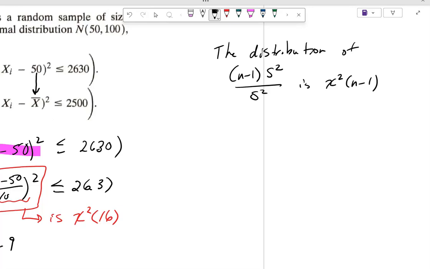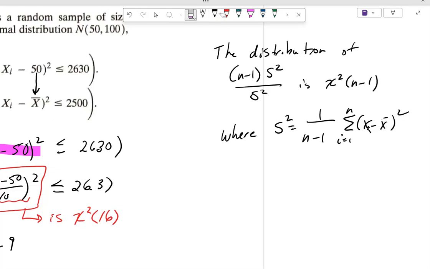Where your s squared is 1 over n minus 1, the sum from i equals 1 to n of (x_i minus x bar) squared. So remember how we calculated the variance before?